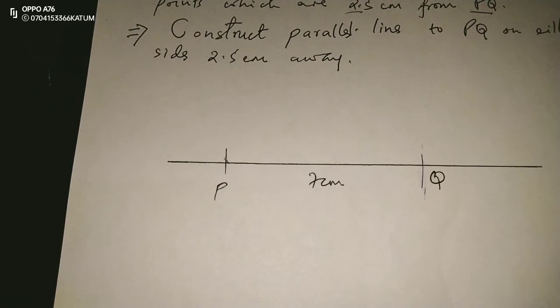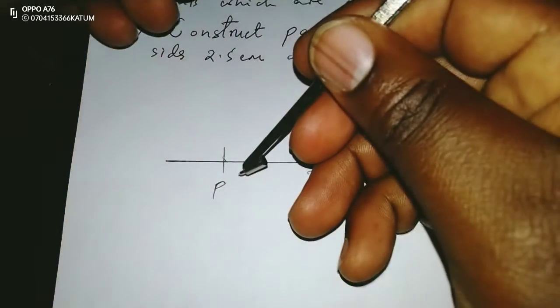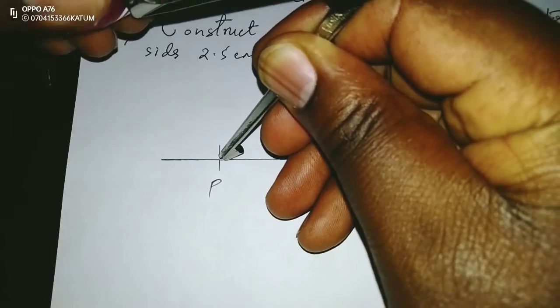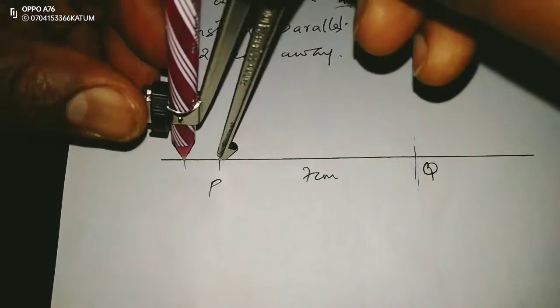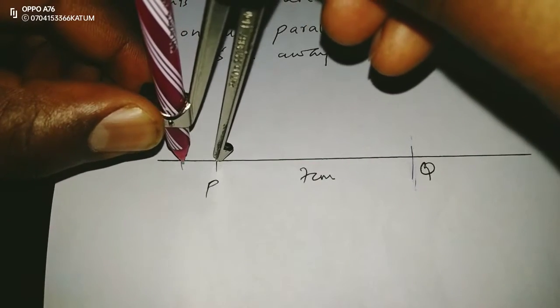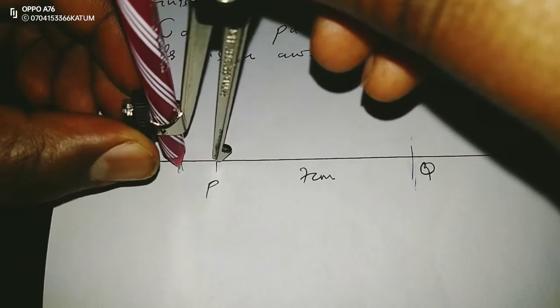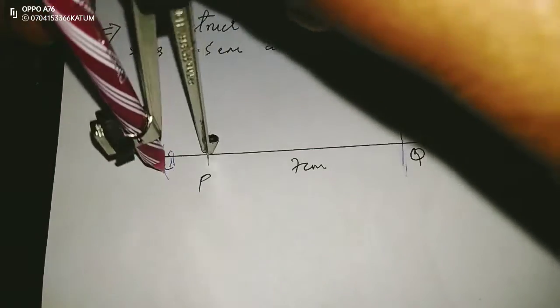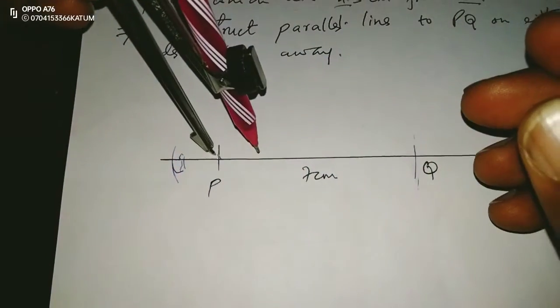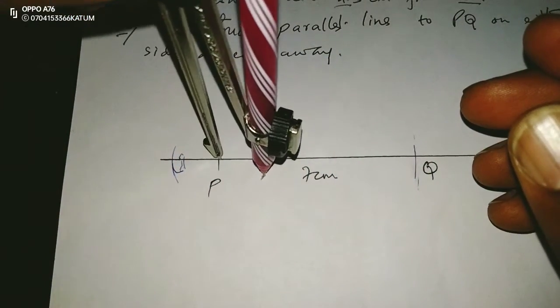So I can choose to construct parallel lines by first of all making perpendicular lines at the given points here. Let me draw perpendiculars at P and Q. Standing at P, I make an arc. Then standing here, I make another arc.